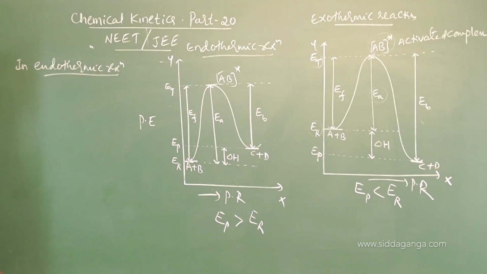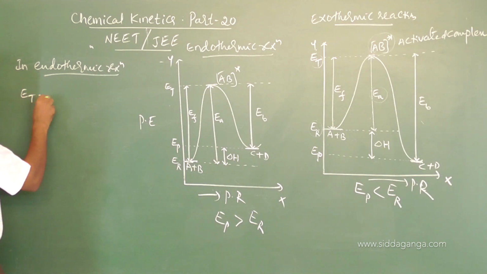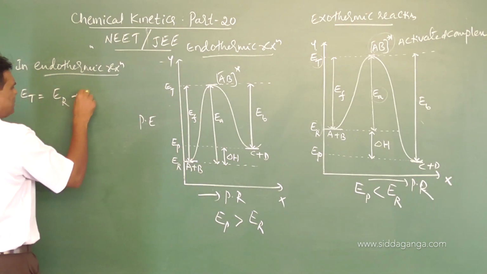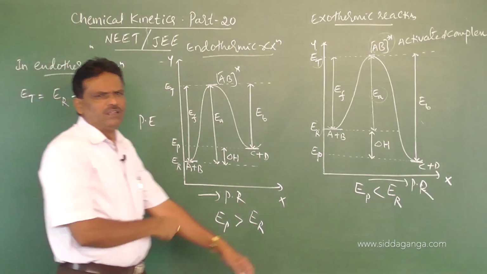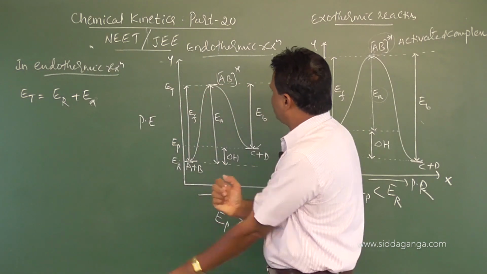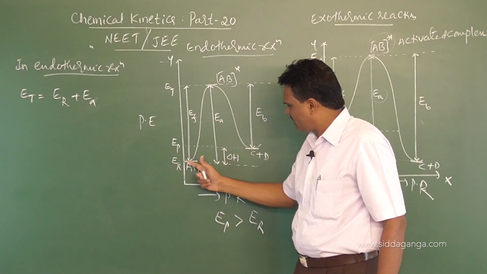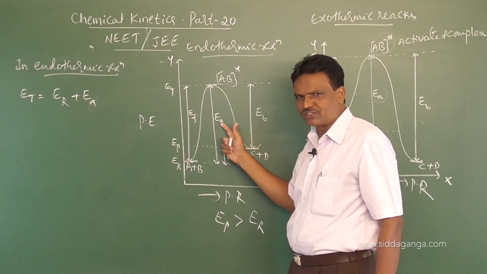Then in endothermic reactions, we know that ET is always the same: ET is equal to ER plus EA. This is common, so remember it in general, observe. In this case, this is the threshold energy, this is the energy of reactants, and this height of the barrier denotes the energy of activation.